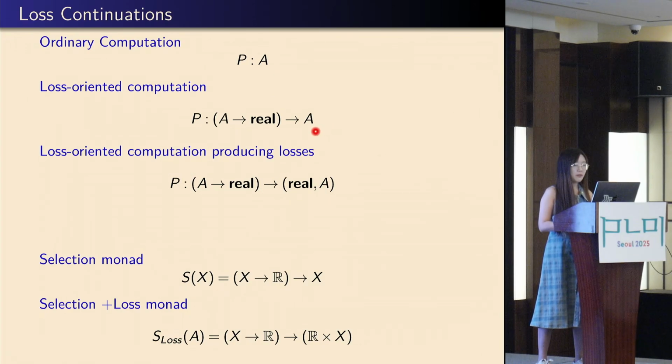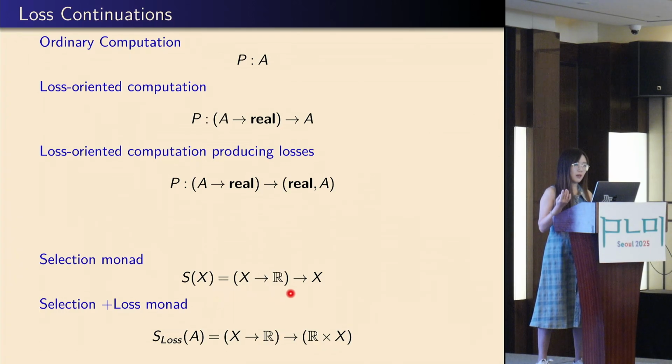Because we have this element A available and we have the selection function, we can also return the tuple that has both the loss value as well as the element A. If we look at the type signature of this loss-oriented computation, it looks very similar to what people call the selection monad in the literature. The selection monad of X is basically something of this type.